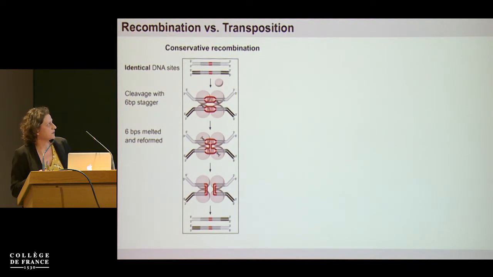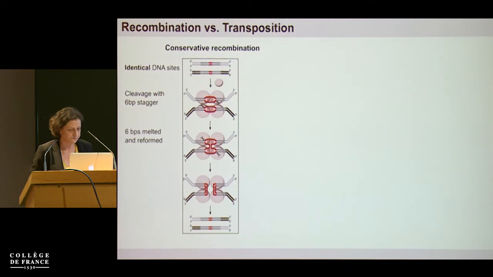What happens is that the protein, a recombinase or transposase, binds and brings together two DNA substrates in a tetrameric complex, then cuts both DNA sites, each on one strand, and then exchanges these DNA strands to create a so-called Holliday junction intermediate. And then a second set of cleavage events resolves this Holliday junction intermediate into the product.